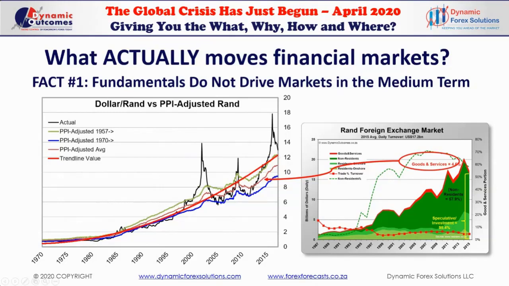That's how the rand should have moved. And from 1970, when the rand was not pegged against the dollar anymore, we get this lower figure here with an average of the brown line. As you can see, over time the rand should depreciate in line with this brown line here, but we've seen these huge swings either side of that.